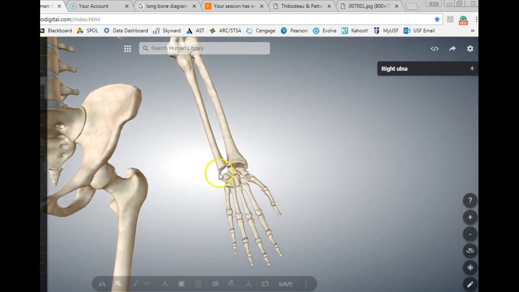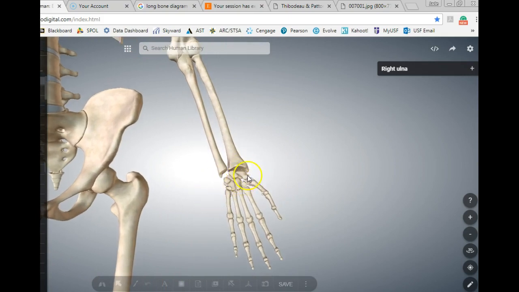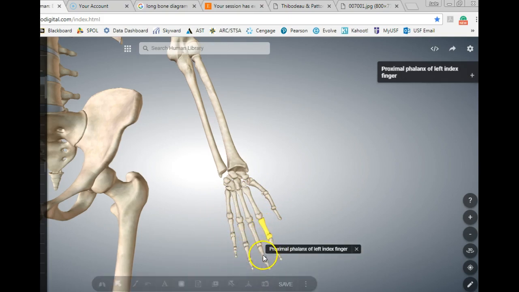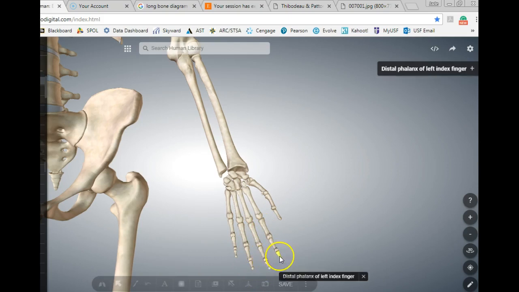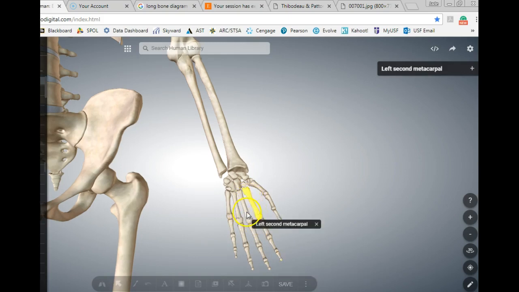So we have the carpals right in here, the metacarpals, and then the phalanges. Okay? So proximal, middle, and distal phalanges. So these 3 bones here make up the phalanges. These are going to be the metacarpals, and then this section in here are the carpals.